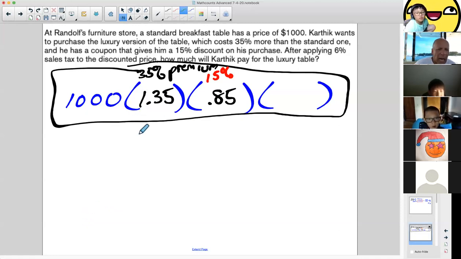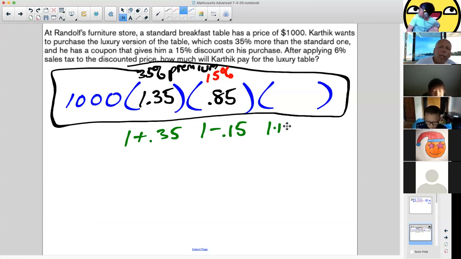Okay, so guys, 1.35 represented 1 plus 35%. 0.85 was 1 minus 15%. So this one is going to be 1 plus 0.06, which is what, everybody? 1.06. Audrey, do you see that?